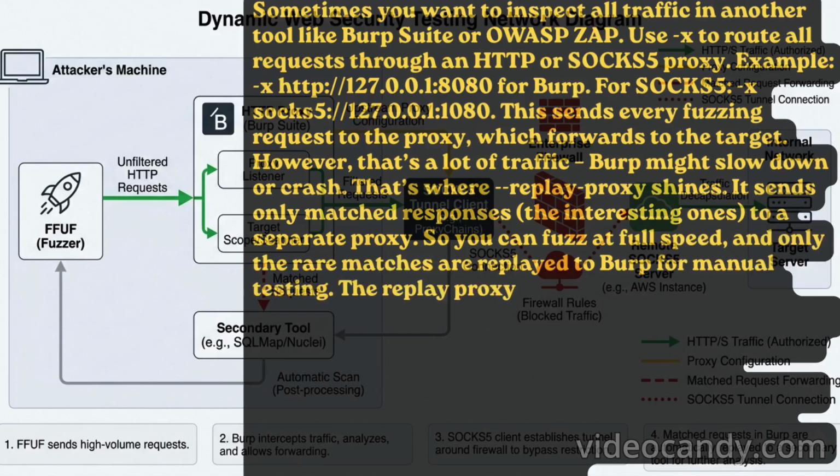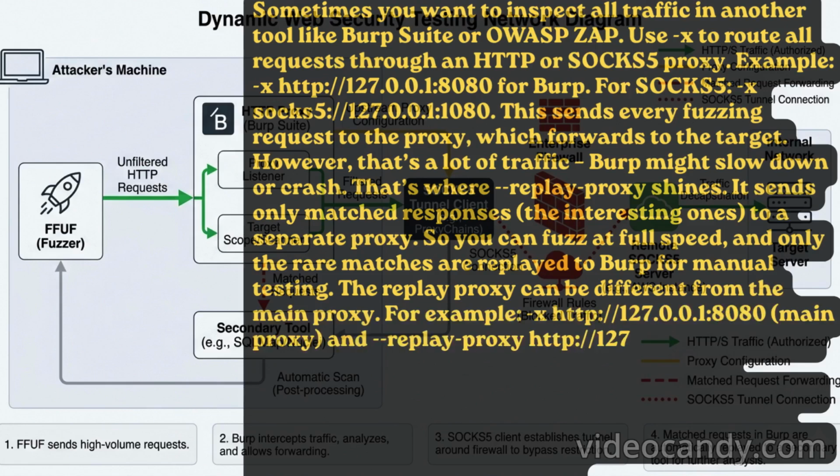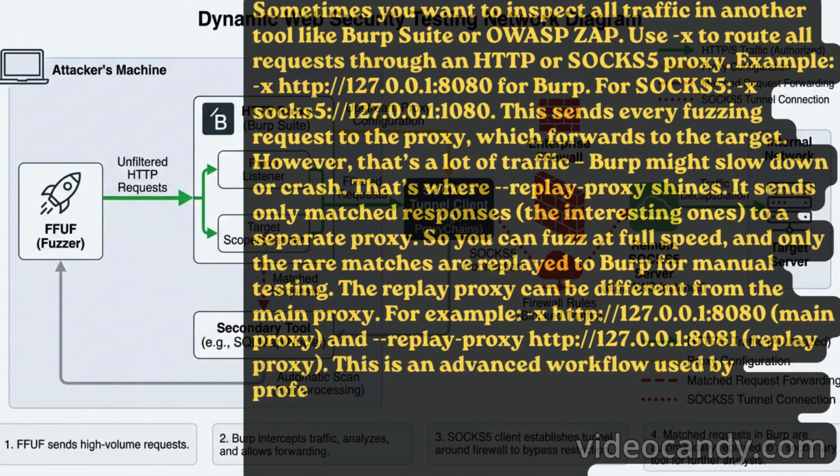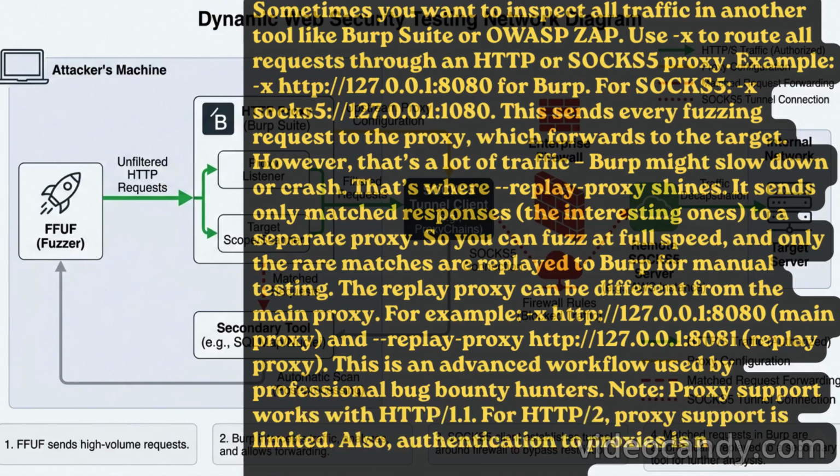For example, -x http://127.0.0.1:8080 main proxy and -replay-proxy http://127.0.0.1:8081 replay proxy. This is an advanced workflow used by professional bug bounty hunters. Note: proxy support works with HTTP/1.1.